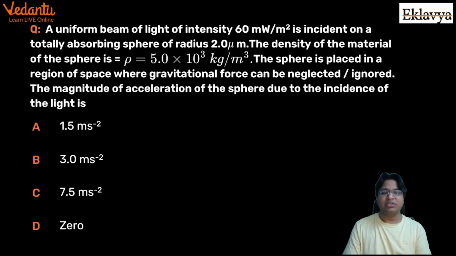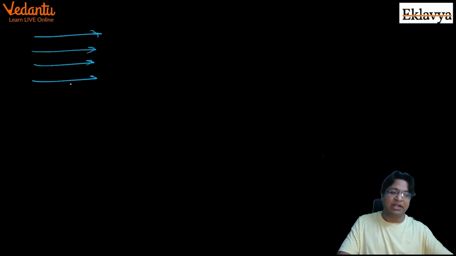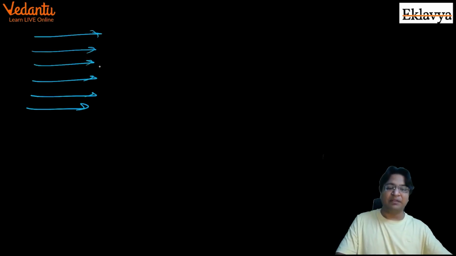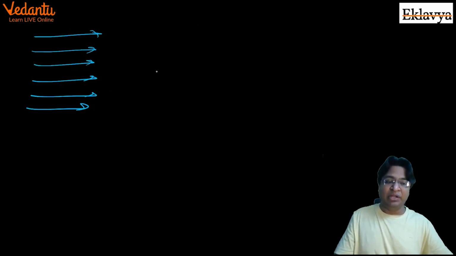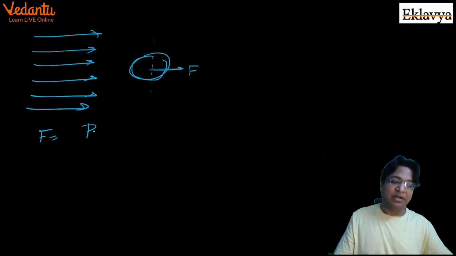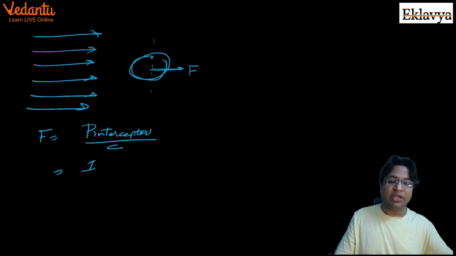Now, the question says, a uniform beam of light of intensity I is incident on a totally absorbing sphere. Again, a straightforward result, something that I definitely teach in my batches. If there is a parallel beam of light, and in the path of the beam you have kept a black body, whatever light this black body is obstructing will result in a force, and that force is given by the power intercepted by the body divided by C. Here it is going to be I into the area of projection.